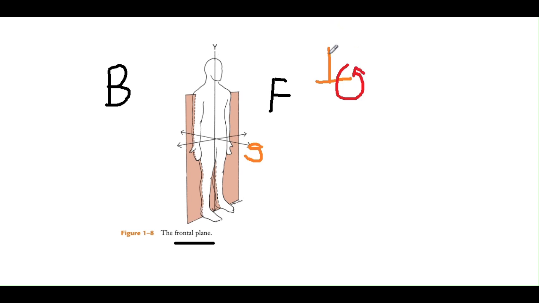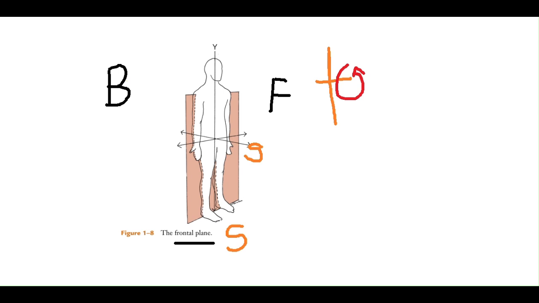So the plane is here, and the movement is taking place in this plane. Like we draw a circle on a sheet of paper, the movement is taking place in the plane, that is the frontal plane. So you need to keep in mind that the frontal plane and the sagittal axis are associated with each other.